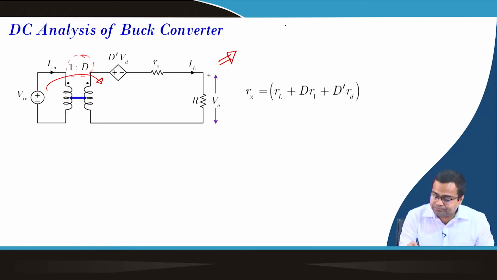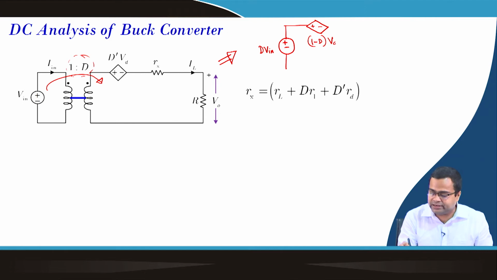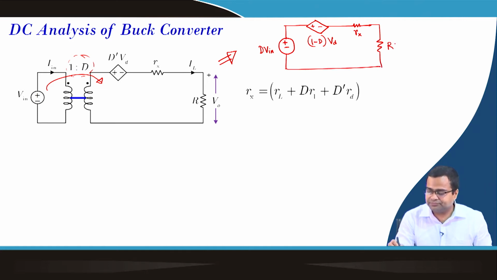This will be our DC equivalent term here, it is D into V in, and there is another source, this is 1 minus D or D dash into Vd, diode drop. Then we have some Rx resistance and this is our load resistance R, and this is our V0 plus minus.